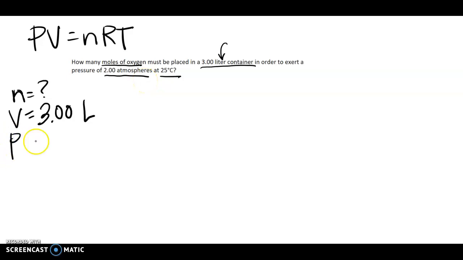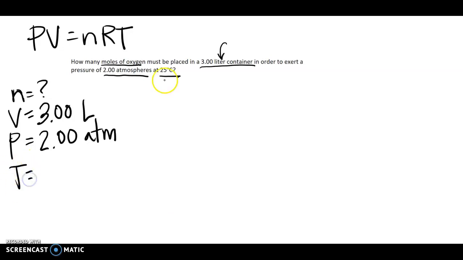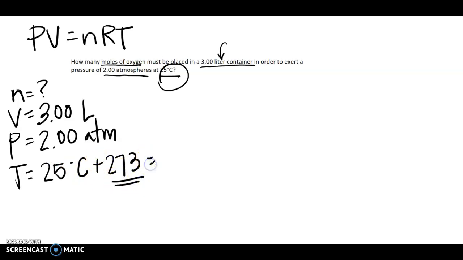That is pressure. I know that that's pressure just because I know the units for pressure, and hopefully by now you recognize all of those different units. And then lastly, temperature. Notice that it's not in Kelvin, but that's okay. We're going to take 25 degrees Celsius and add 273. That's the magic number. And that's going to give us 298 Kelvin.